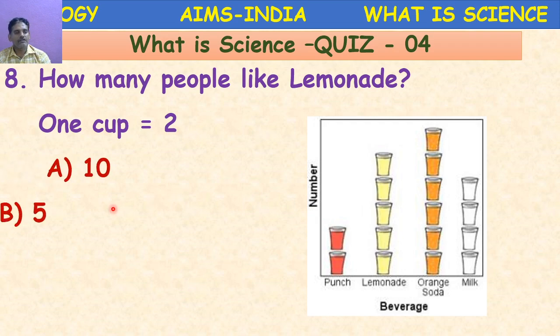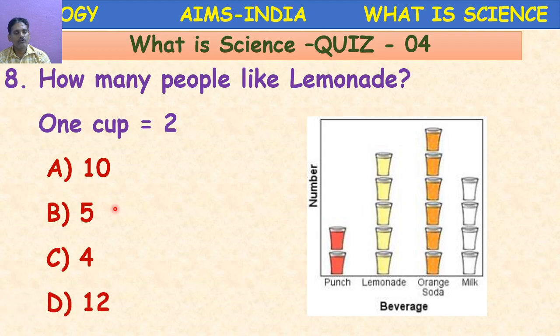A is equal to 10, B 5, C 4, D 12. So how many people like lemonade? Lemonade means you have to see only this, not the remaining 3. So question understanding is very, very important. So for all these 4 types of juices, 1 cup is equal to 2. So here asked lemonade.